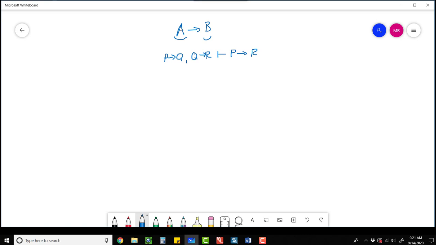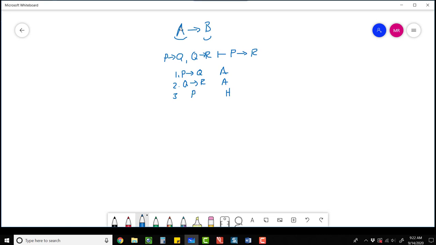So we introduce the rule of conditional introduction, and it works like this. We take on if P then Q as an assumption. We take on if Q then R as an assumption, and then we say, well, suppose we hypothesize, which we represent by an H, and we also indent very significantly so that we can see that it's been indented.